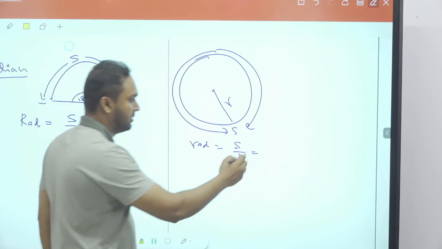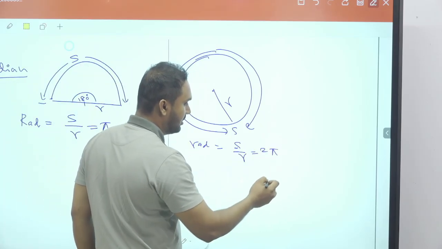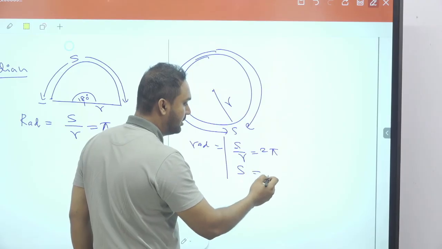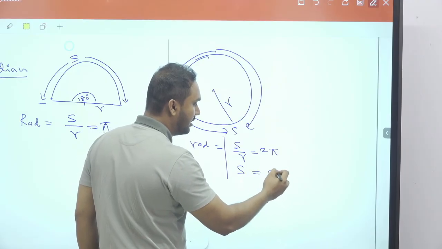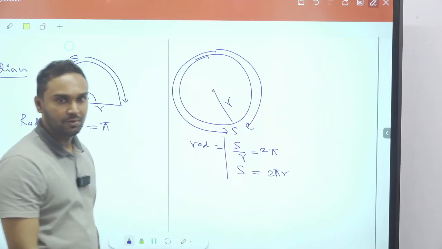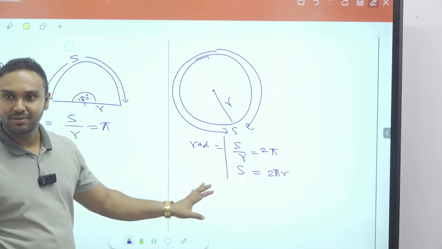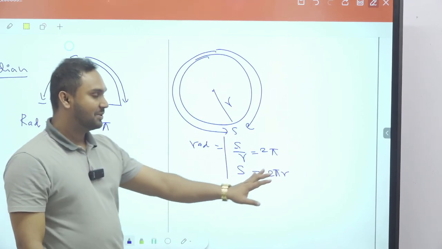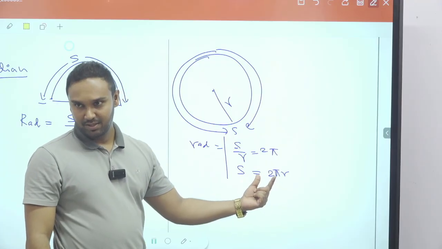So it's 2 pi. So S over R equals 2 pi, then S should be equal to 2 pi r. That's how the formula was formulated. Did you already know this, or you just got to know this now? Got to know this now. Nice, right? So the radian is the base of it.